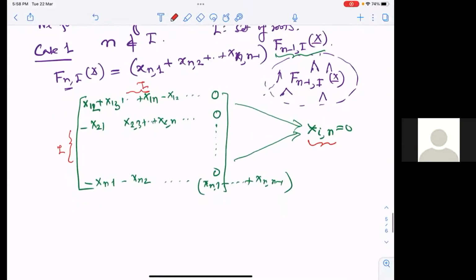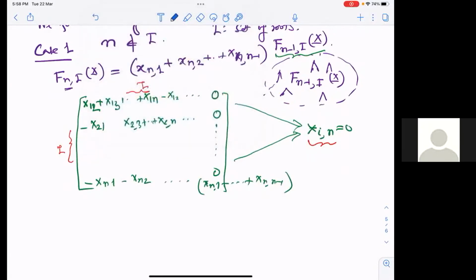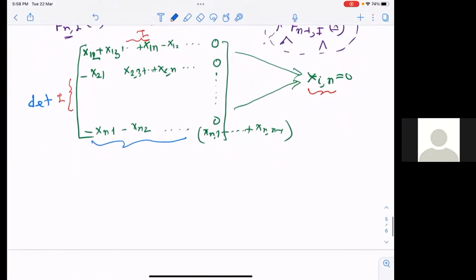And after I delete, what will happen? So I want to compute this determinant. These things are 0 and some rows are deleted, not the final row. If you look at it carefully, it's very easy to see that the matrix you are interested in will look like the following.